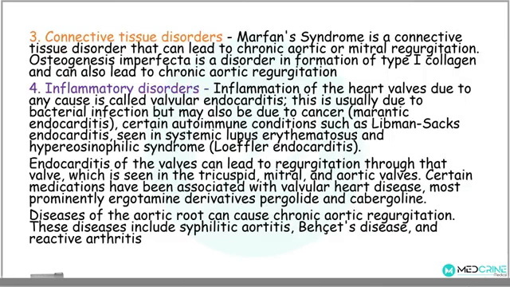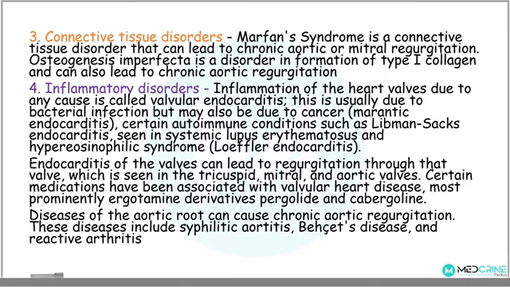Then the third cause is connective tissue disorders, for example Marfan syndrome, which is a connective tissue disorder leading to chronic aortic and mitral valve regurgitation. Osteogenesis imperfecta is a disorder in the formation of type 1 collagen that also leads to chronic aortic regurgitation besides Marfan syndrome.